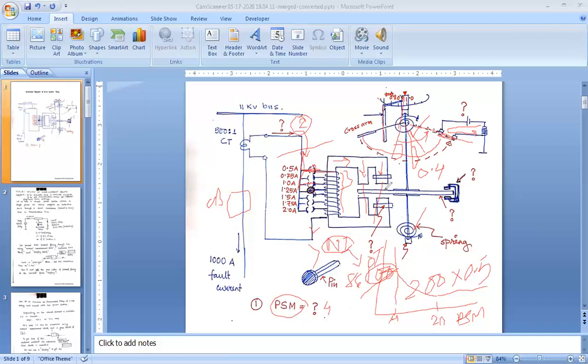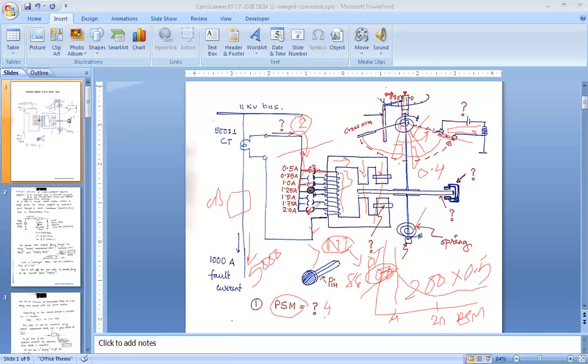Now, if I ask you, what will be the operating time if the fault current is 5000 ampere, and the plug is set at, say, 2 ampere?